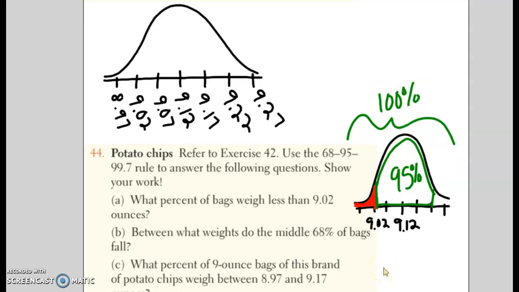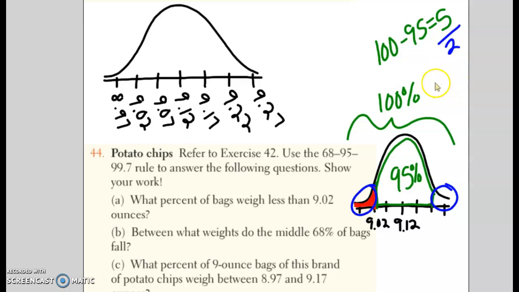So if I subtract 100 minus 95, I get 5% left over. That 5% is this tail and this tail. But I only want 1, so half of 5, dividing 5 by 2, takes me to 2.5%. And for part A, the percent of bags that weigh less is 2.5%.